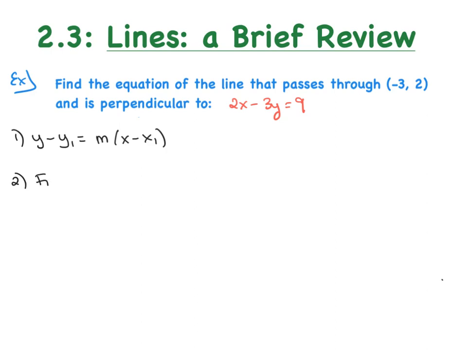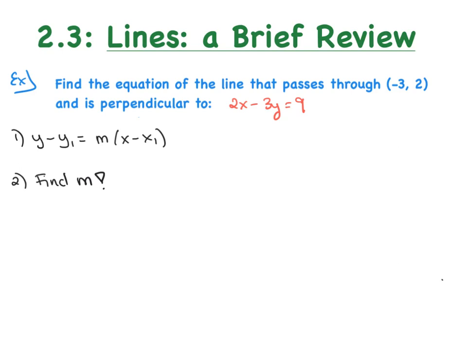And right away, we want to find the slope. In this problem, we can't use the slope formula, y2 minus y1 over x2 minus x1, because we only have one ordered pair. But we do know that our line is perpendicular to the line 2x minus 3y equals 9.